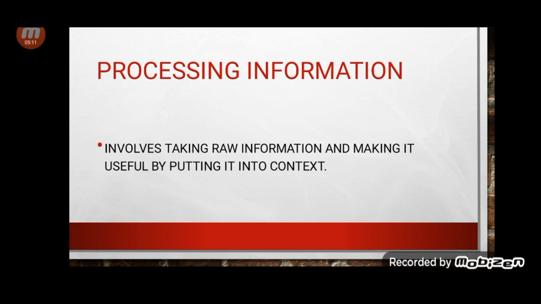Next thing to how a group can improve their access to information stored in member memories is the processing of information. Processing information involves taking raw information and making it useful by putting it into context. So, to make it happen, members ask questions and others offer answers.